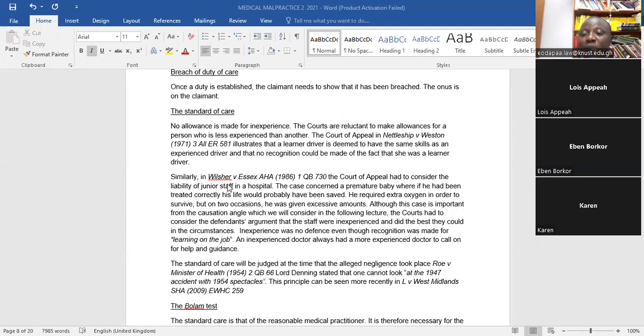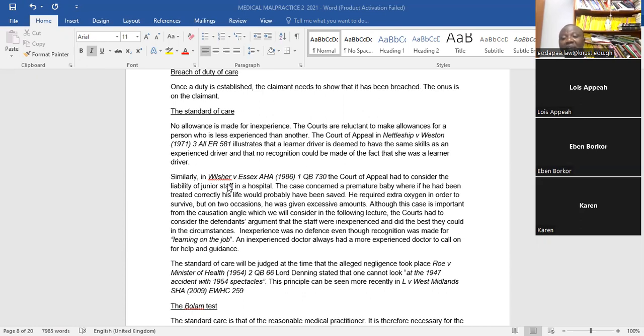In other words, if the accident that you are complaining about happened in 1947, and now the trial is taking place in 1954, there have been so many developments, you don't use the current standards to judge that which happened about 7 years or so ago. So that is the point being made, and that is applicable to medical negligence as well.